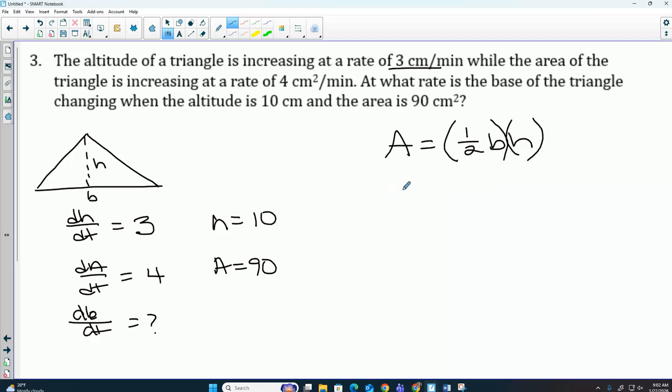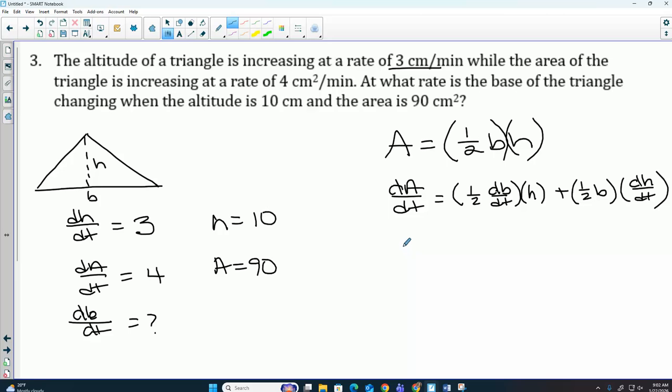So when I do this derivative, I have to do the product rule. So derivative of the first, derivative of 1/2 B is just 1/2. I did the derivative of B, so it gets a dB dt, times the second, plus the first one, derivative of the second. Derivative of H would be dH dt.